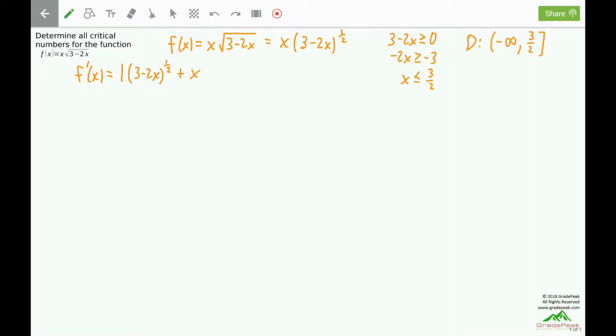Plus the first left alone, x, times the derivative of the second. It's a power rule. Bring the power 1/2 down, leave the inside alone, 3 minus 2x. Subtract 1 from the power. I will call that 2/2, and then multiply by the derivative of the inside to complete the chain rule. Derivative of 3 minus 2x will be a minus 2.